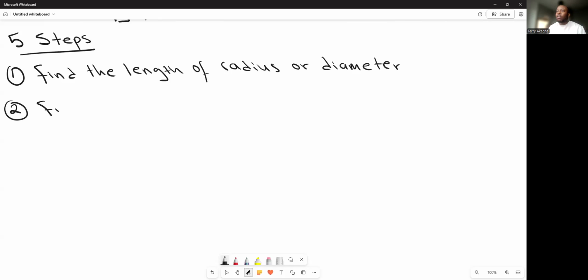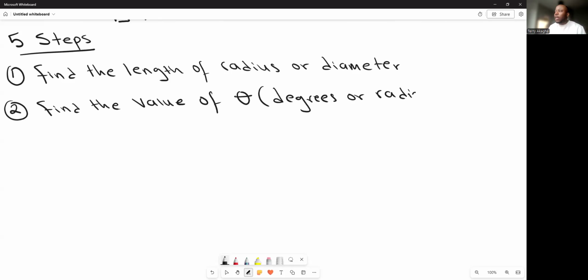So theta can either be in degrees or it can be in radians. So you have to be careful, all right? And I told you the difference between both of them. So the theta is the angle of the arc creating the sector.